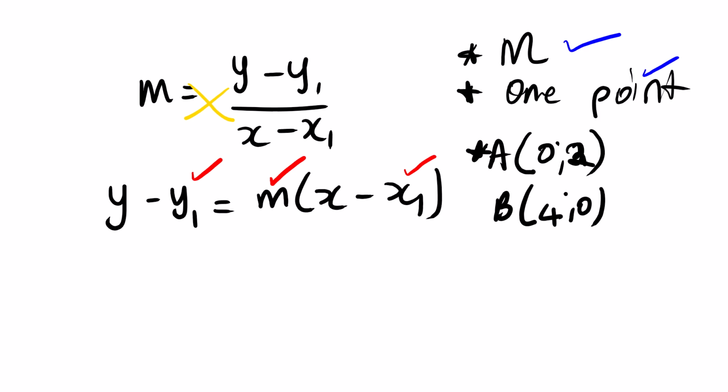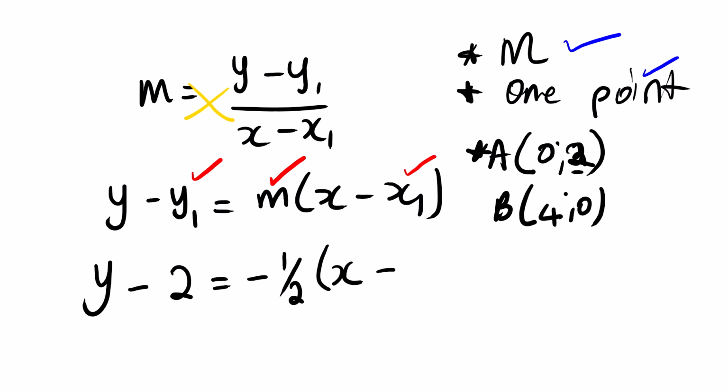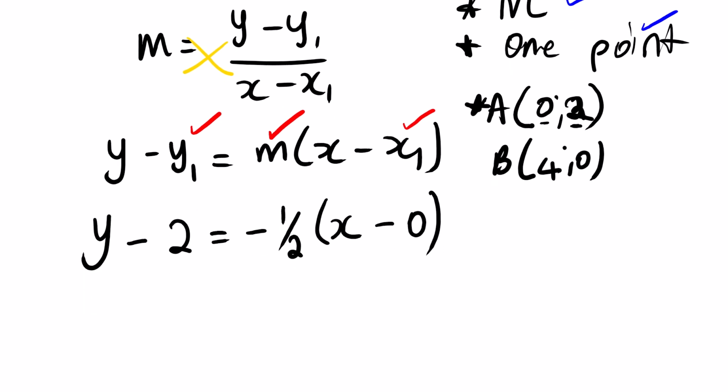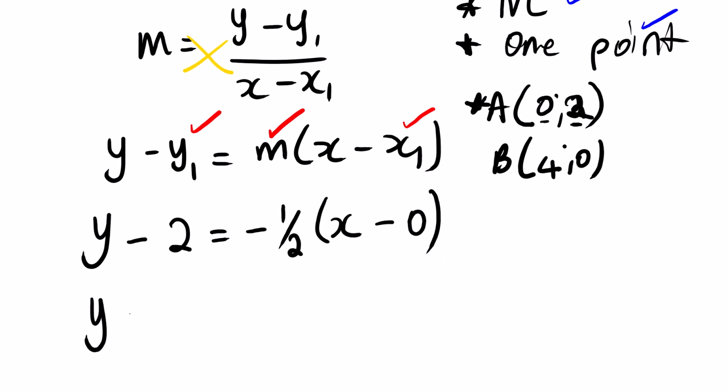So suppose we use point A. So it's y minus, what is the y coordinate of point A? It's 2, so we put 2, equals our gradient, negative 1 over 2, times x minus, what is the coordinate? It's actually 0. Then from here, we simplify.